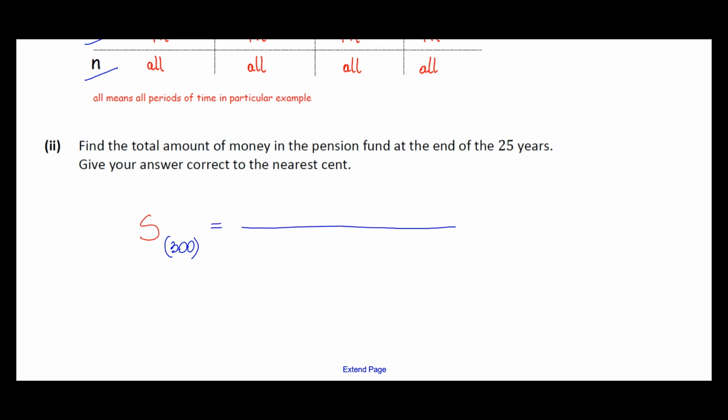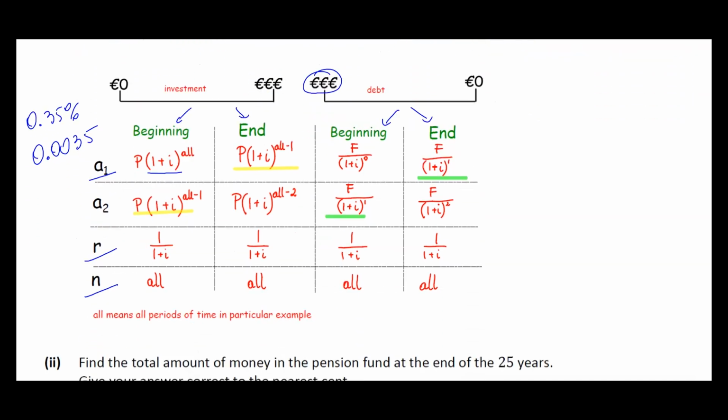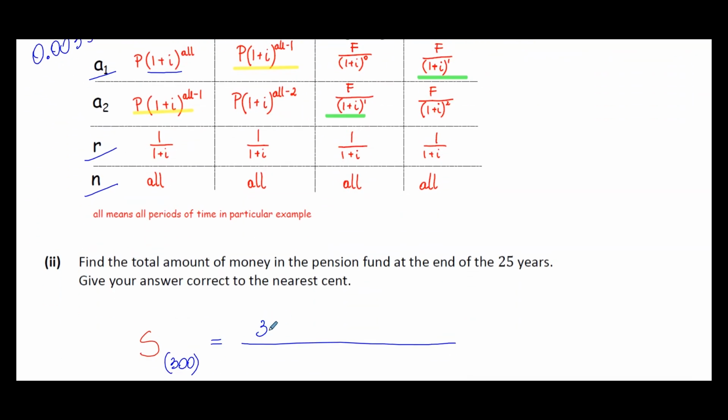So my first term, again, what was my first term? That's 285 multiplied by 1.0035 to the power 300. That's that part of the formula. So let's write it. 285 multiplied by 1.0035 to 300. So that's my A.